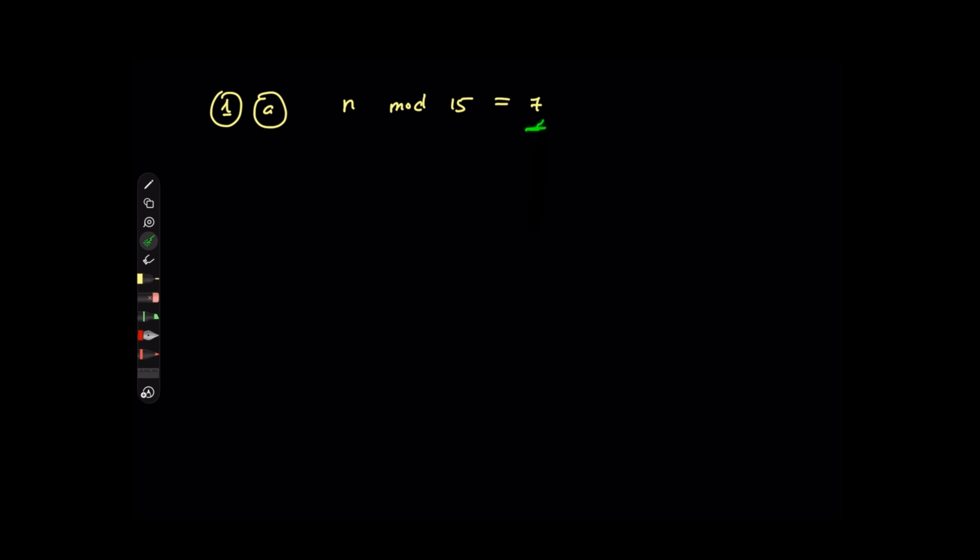So we need to translate this now into a form which we could use. Any number with a remainder of 7 when divided by 15 has to look like this: n is equal to 15k plus 7, for some integer k.